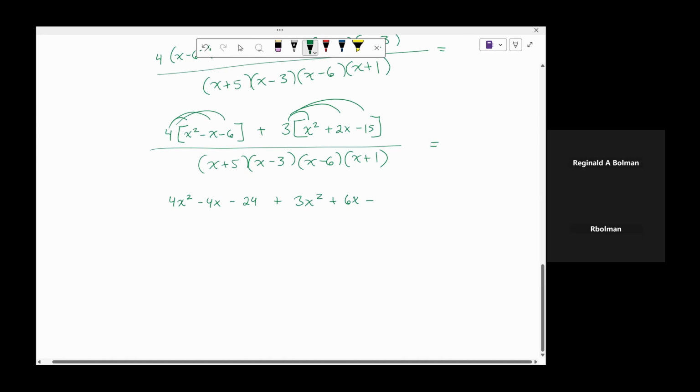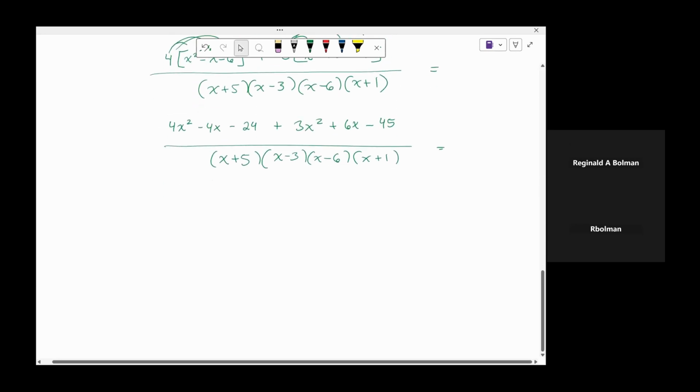Positive and negative is a negative. 3 times 15 is what? Well, 15 times 2 is 30. 15 times 3 should give me 45 if my mental math is working today. So all of this will be over x plus 5 times x minus 3 times x minus 6 times x plus 1. Awesome.